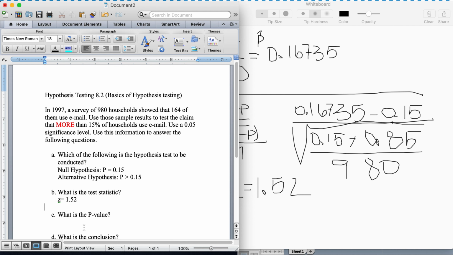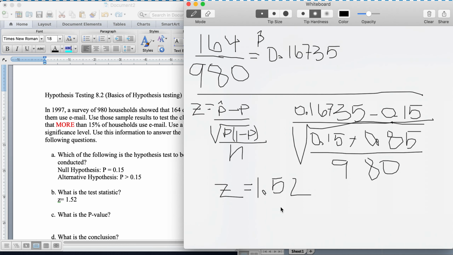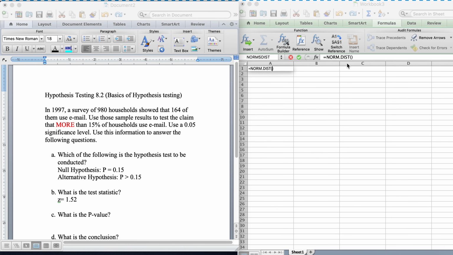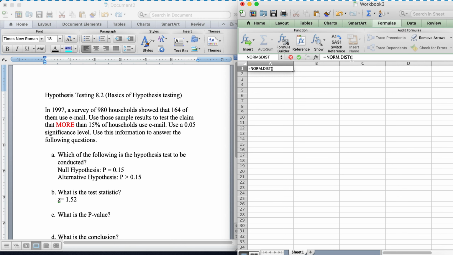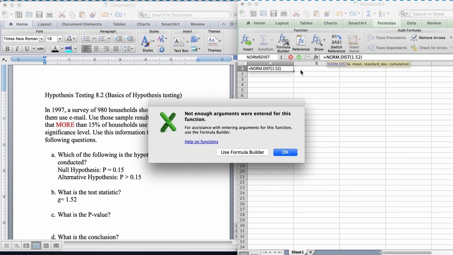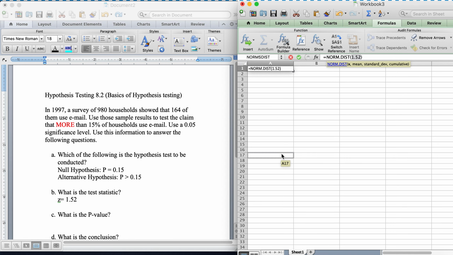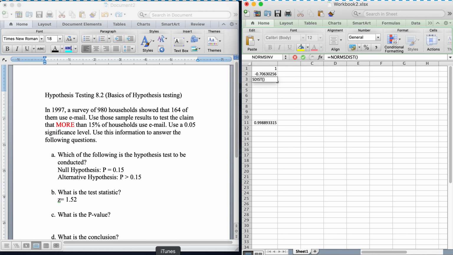And to be able to find the p-value, I use Excel, and I actually will plug in my 1.52 using normal distribution. Sorry about that.